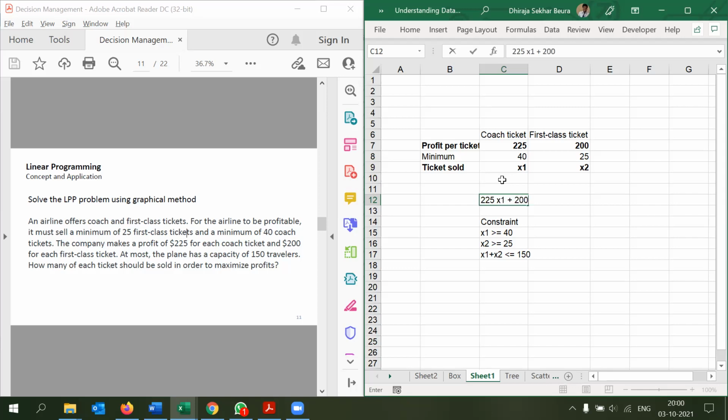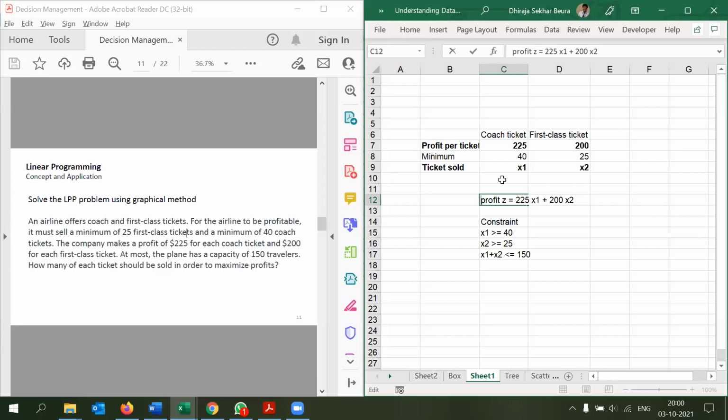Perfect. Now the question very clearly says that we have to maximize profit. So profit equals this. With every objective function, we write Z. Z stands for the objective variable. Every time, whether it's minimization or maximization, you always write Z. So profit, that is Z, is equal to 225 X1 plus 200 X2.